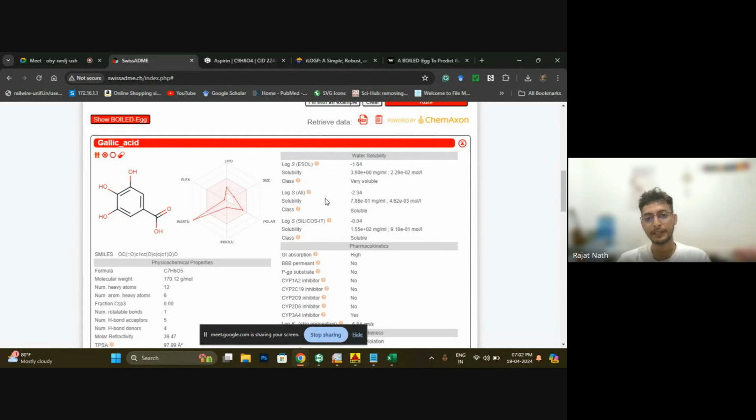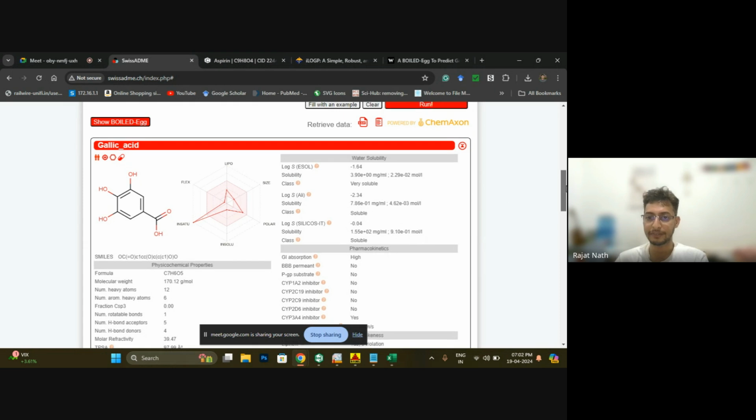If your requirement is water soluble, then you can go for it because it meets your criteria. But if your requirement is that it should not be water soluble, only soluble in fats, then you can reject this compound according to your requirements.